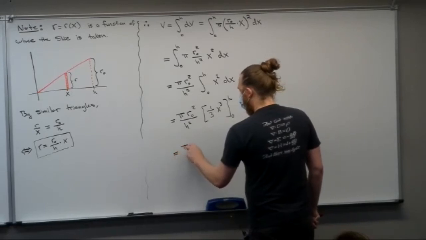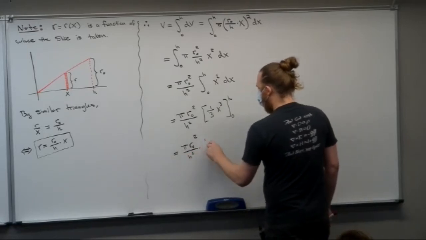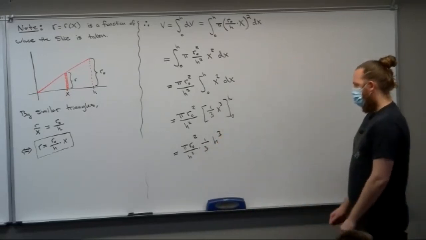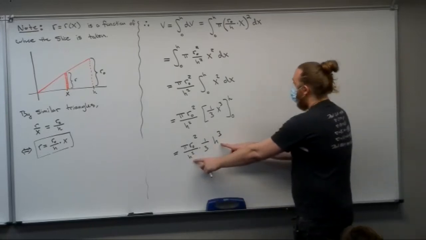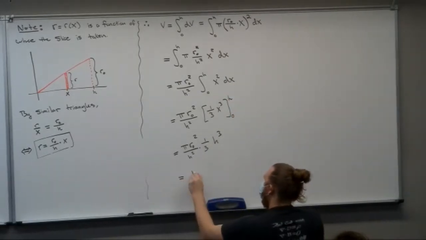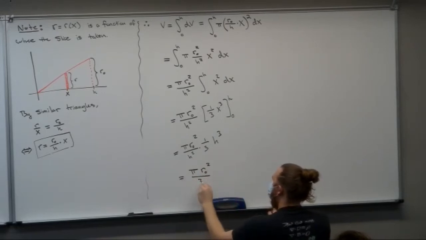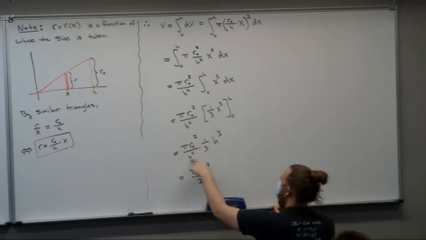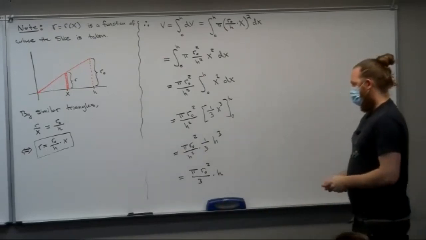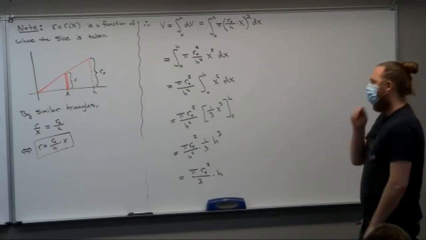I still have my pi r0 squared over h squared here, and then we'll multiply by 1/3 h cubed. There's some cancellation between the h squared downstairs and the h cubed upstairs. So I get pi r0 squared over 3, and then h squared downstairs, h cubed upstairs, just gives me h. And that's it. If you heard that formula from geometry before, 1/3 pi r squared times h.